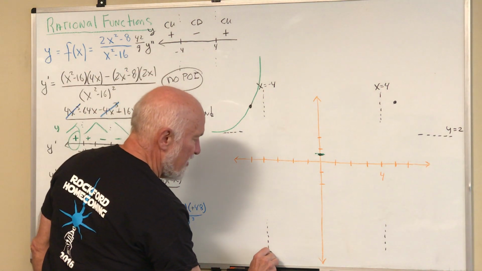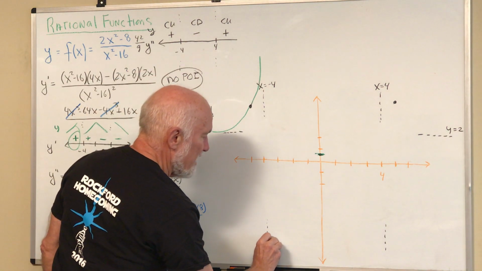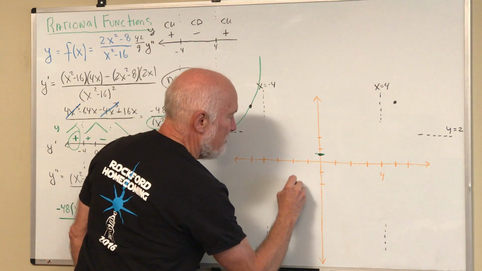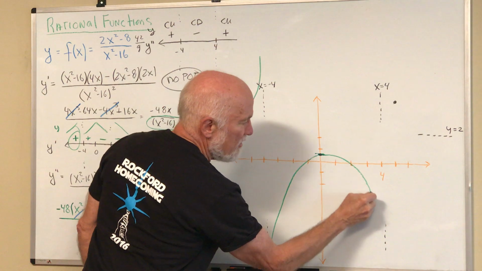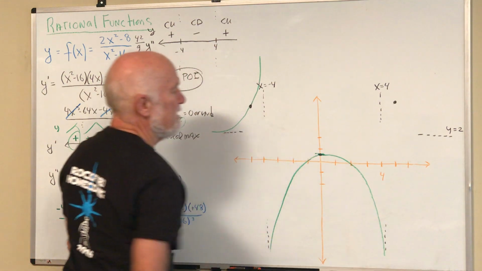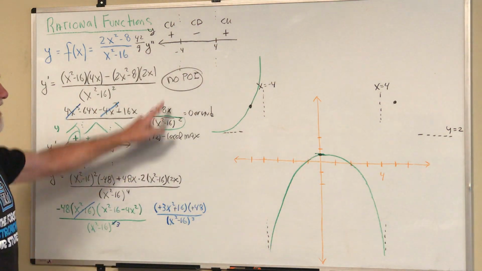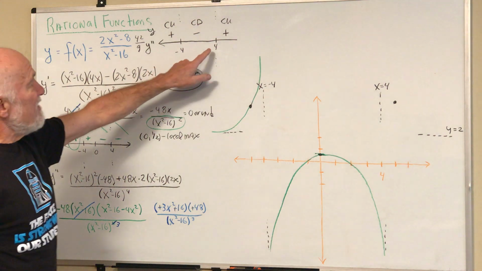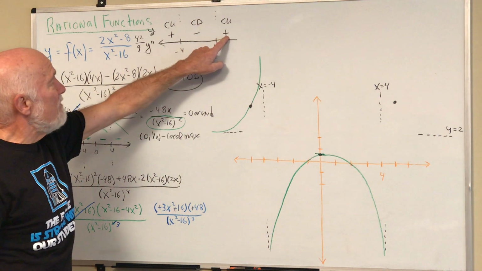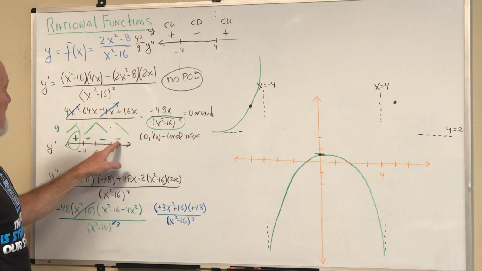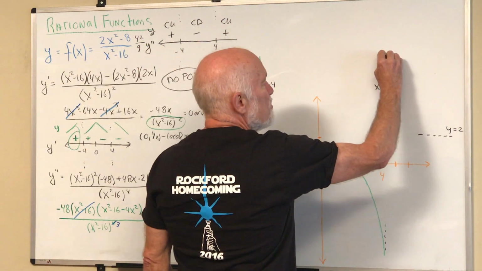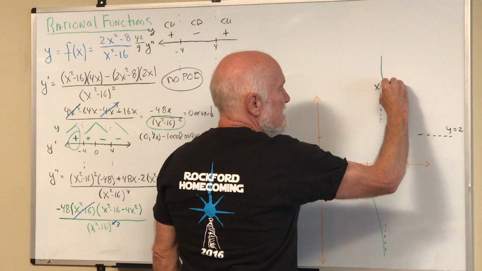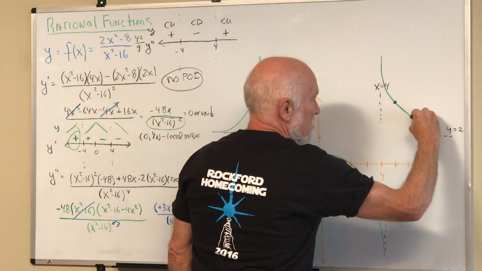So I'm going to start at this asymptote, go increasing and concave down to a 0 slope, and then decreasing and concave down. And then lastly, in this last section, I have to be concave up and decreasing this whole time. So I start at this asymptote, decrease and concave up to this asymptote.